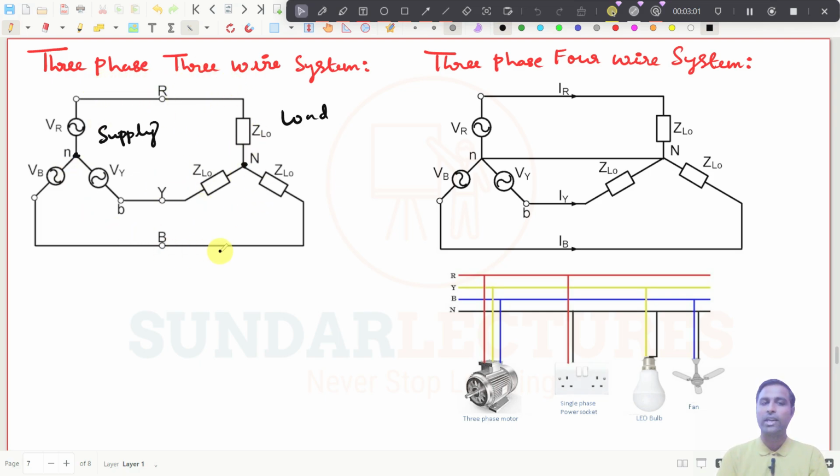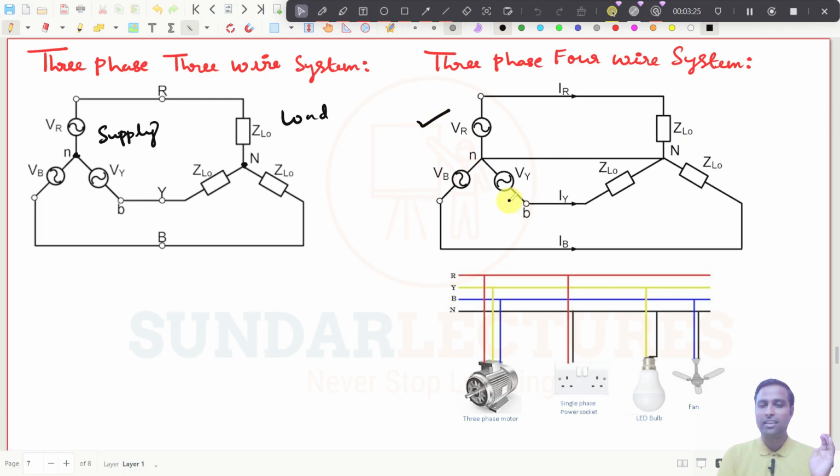We have only 3 wires here, and this other part we can call 3-phase 4-wire system. See, supply is star and load is star here, and then these two neutrals are connected between the star and the load. So we are calling this the 3-phase 4-wire system. And this 3-phase 4-wire system is what we use commercially.